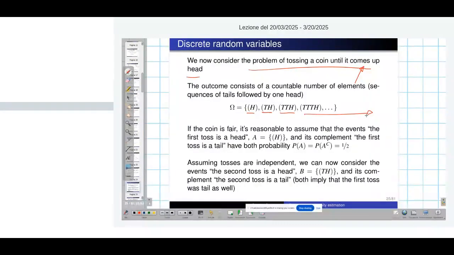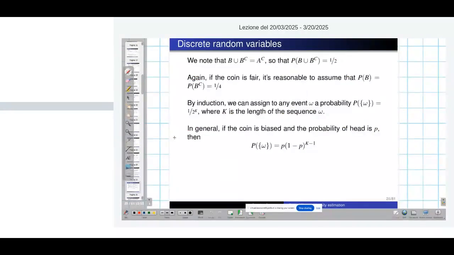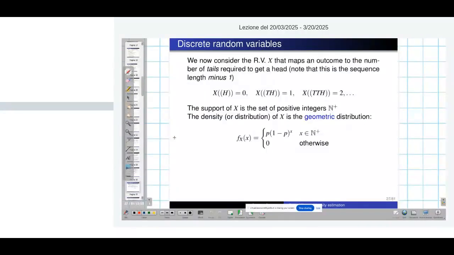We have an infinite number of outcomes. You can define a probability for all of these outcomes, here you have in the slides, and you can define a random variable that for every outcome gives you the number of tails that I obtained before the first head. This is a random variable because to any sequence of tosses it associates a number.